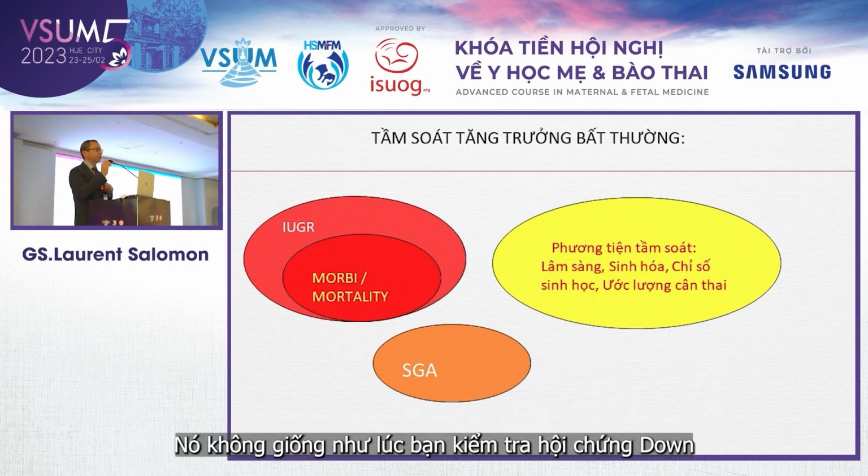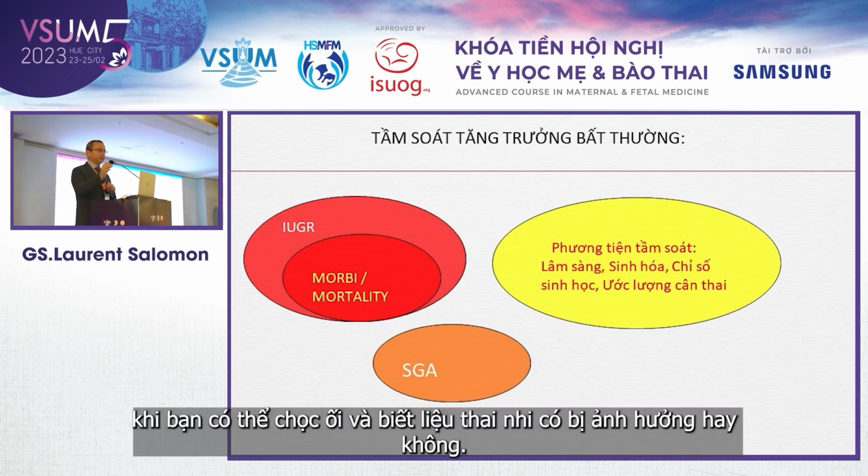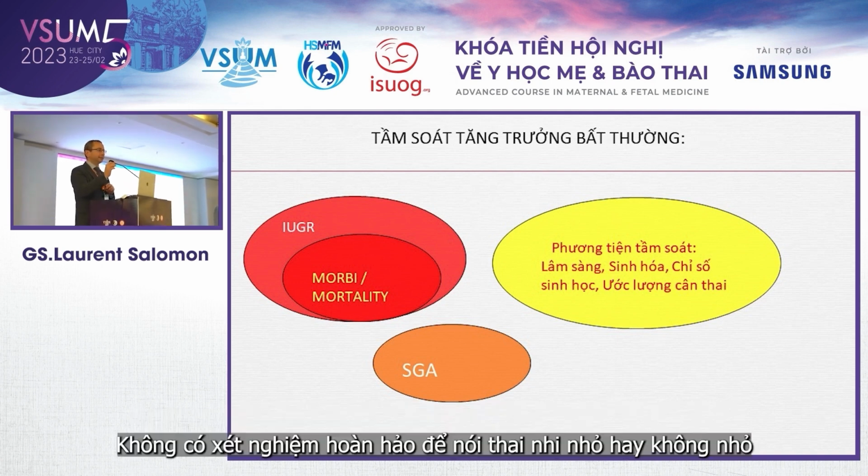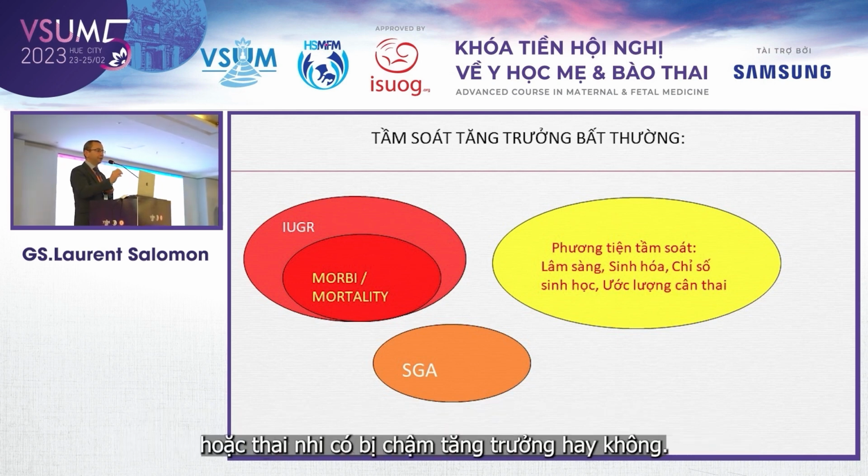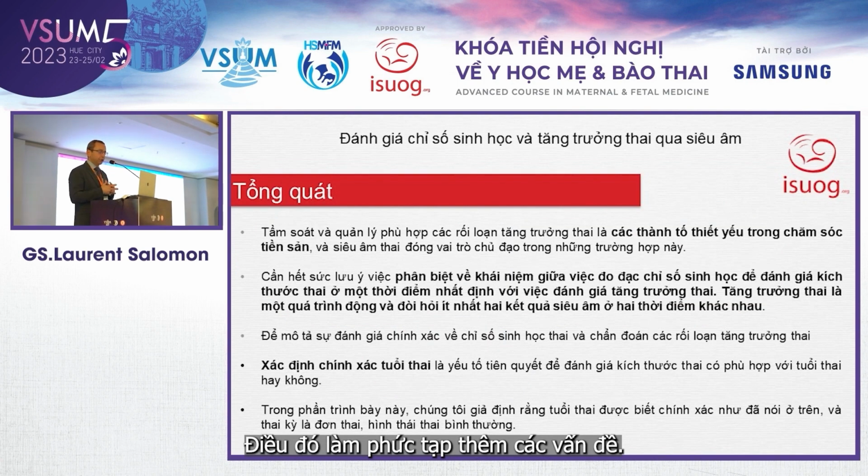It's not like when you are screening for Down syndrome, where you can do an amniocentesis and know whether the baby is affected or not affected. There is no perfect test to say if a fetus is small or not small, or to say if a fetus is growth restricted or not restricted. So that complicates the problem a lot.